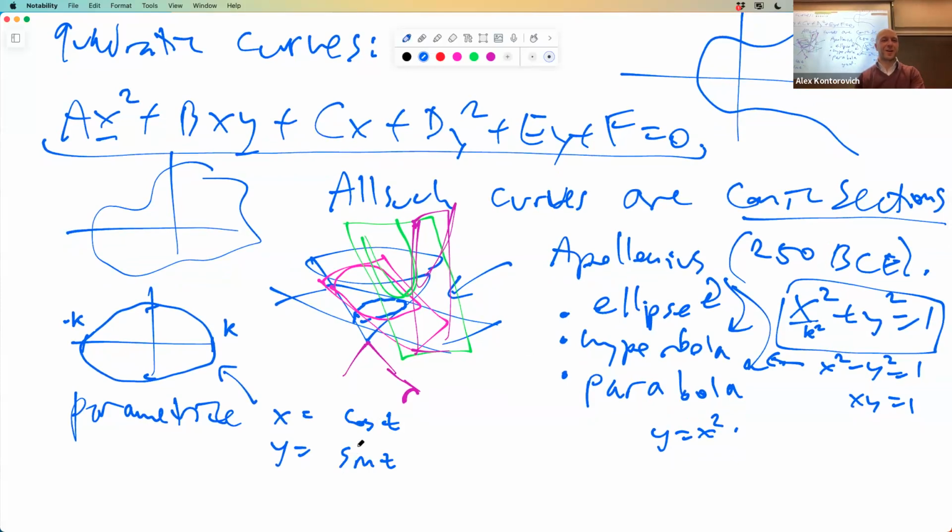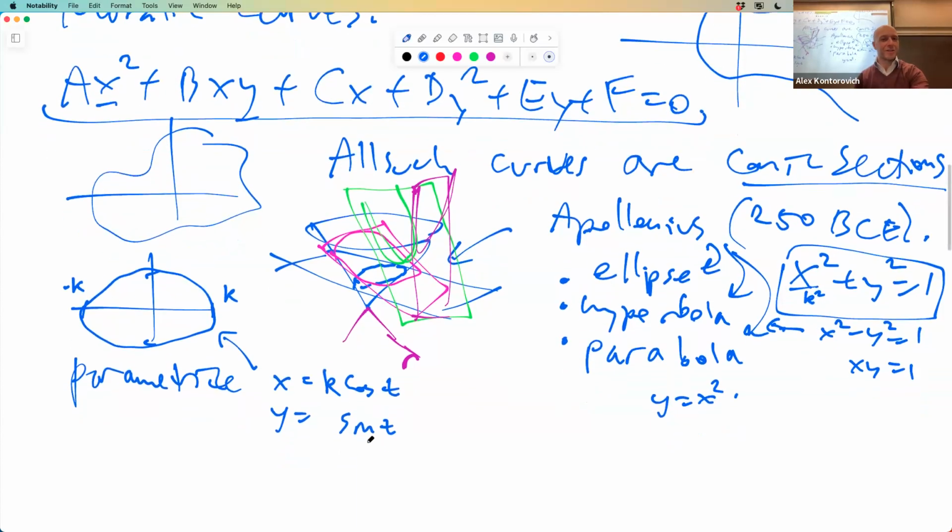So if I square this, I'll get cosine squared. If I square that, I get sine squared. I want 1 over k squared times x squared, so if I put a k here, then when I square this, I get a k squared. When I put a 1 over k squared in front of that, I get back to cosine squared plus sine squared is 1. Okay, so this is a parametrization.